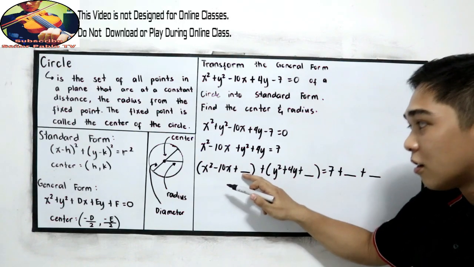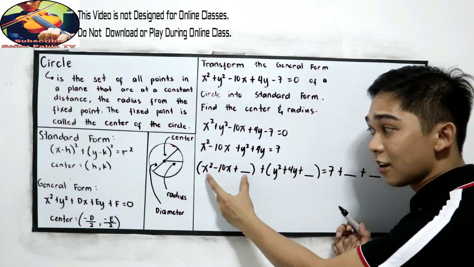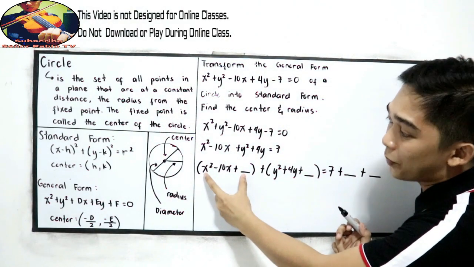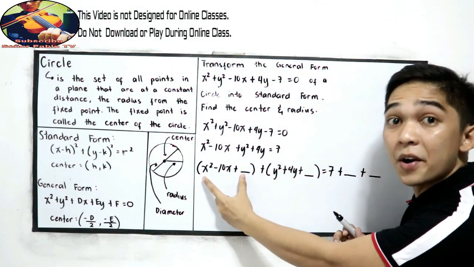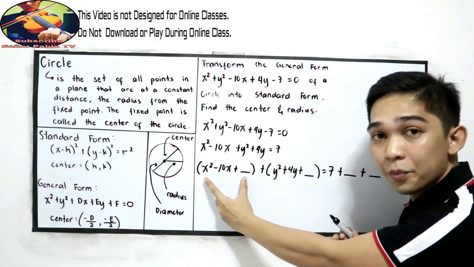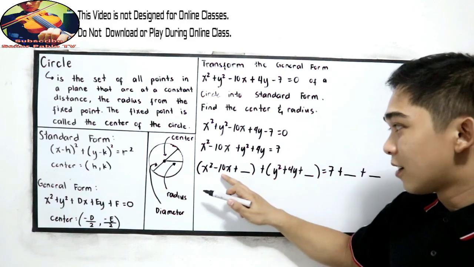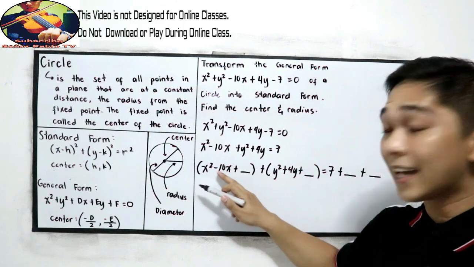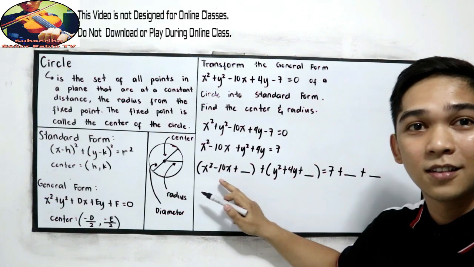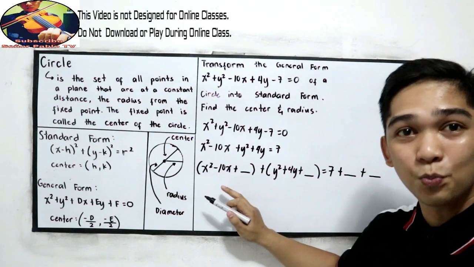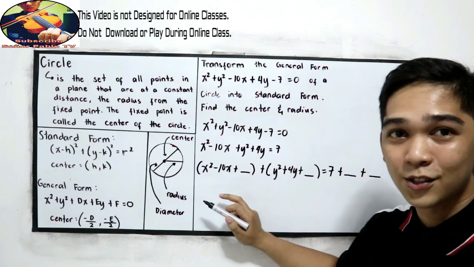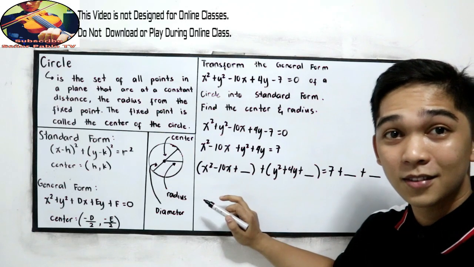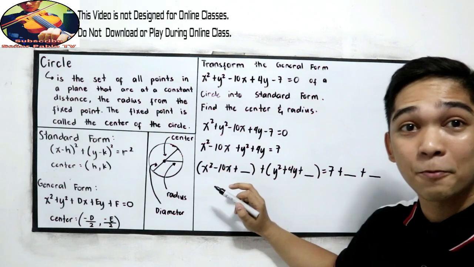Now, make our expression inside the parentheses a perfect square trinomial. Get the middle term. The middle term is negative 10 divided by 2. So 10 divided by 2, that is 5. So negative 5.